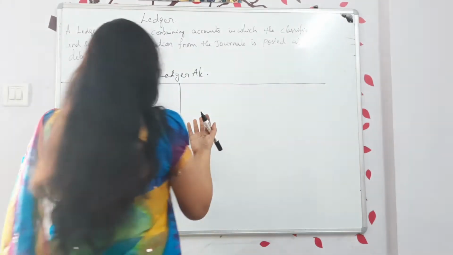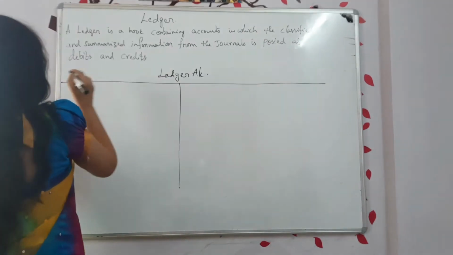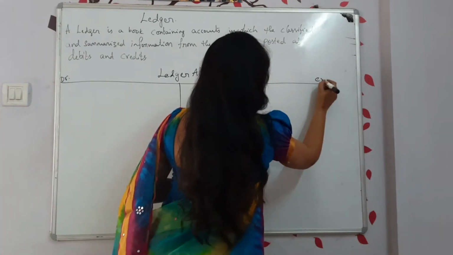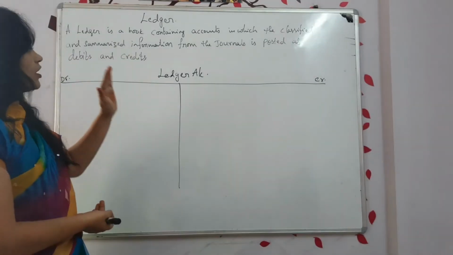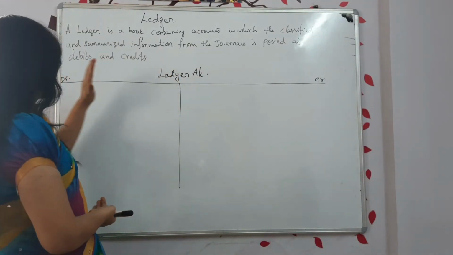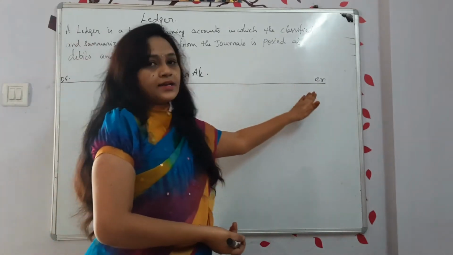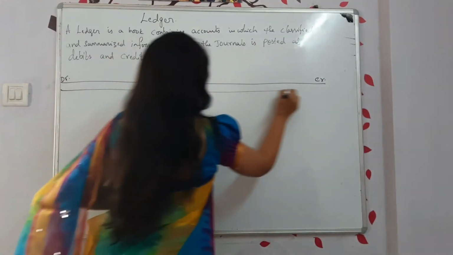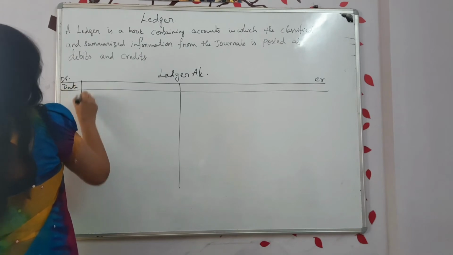Instead of that confusion, shall I do one thing? Left hand side I call debit, right hand side I call credit. It might be easy, right? So instead of left hand side and right hand side, I will call it the debit side and the credit side. DR is debit, CR is credit. After that, why one more line? I will tell you. First, I am writing the date.